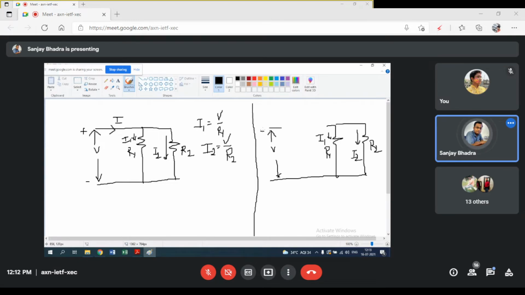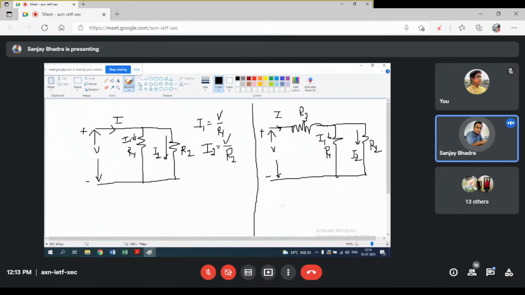This is my plus, this is my minus, and this is my source current, capital I flowing. Fine. Now, the difference between these two circuits is that you have another resistance in between, R3.